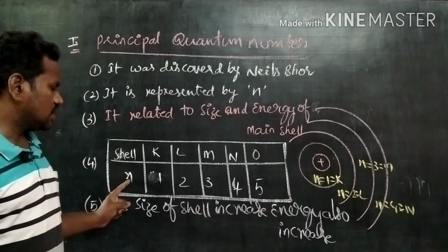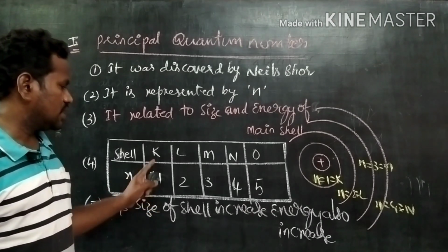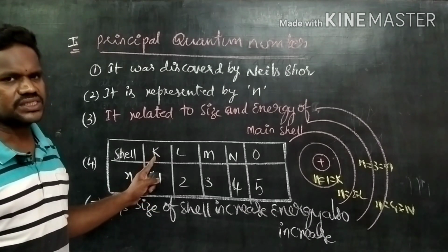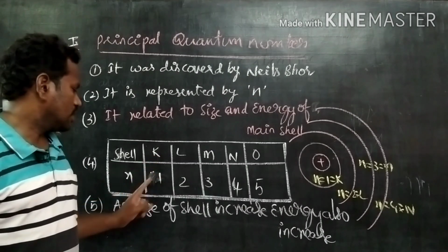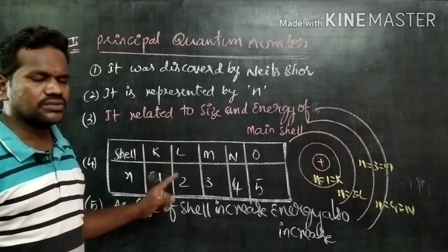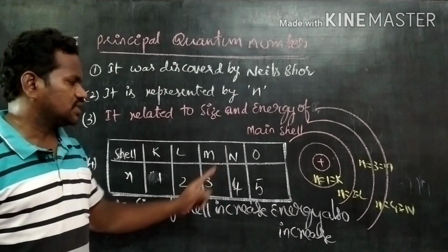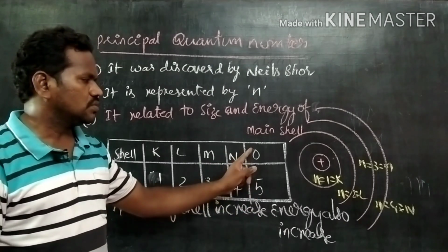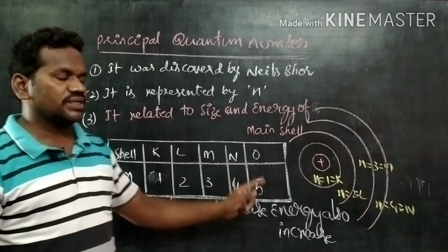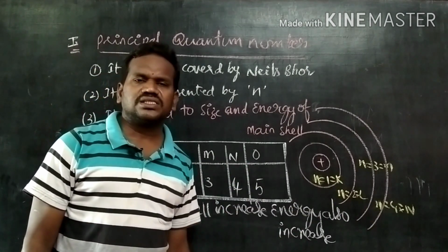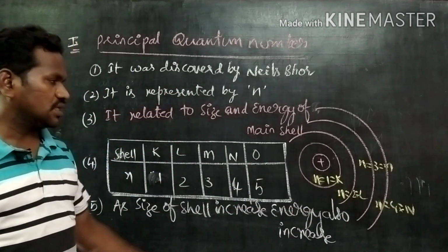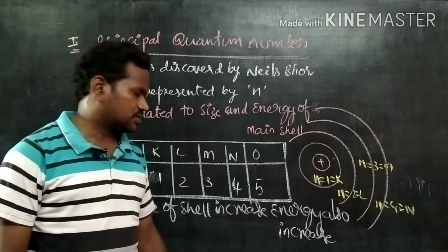N equal to 1 is called the K shell or K orbit, N equal to 2 the L shell, N equal to 3 the M shell, N equal to 4 the N shell, N equal to 5 the O shell. How many shells are there? Infinite shells are there, but till now we are using only 5 shells.